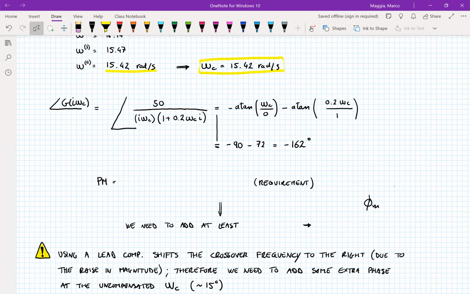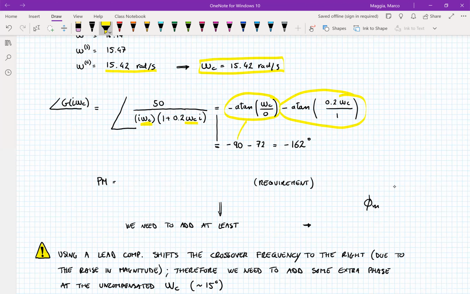All right, so now if we compute the phase of our G transfer function at omega c, what is that? It's minus the tangent of omega c over 0, which is minus 90, and then minus the tangent of 0.2 omega over 1.